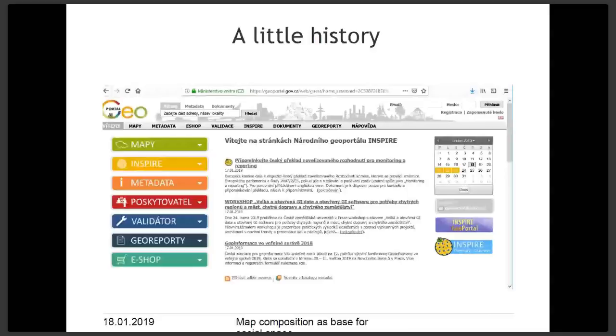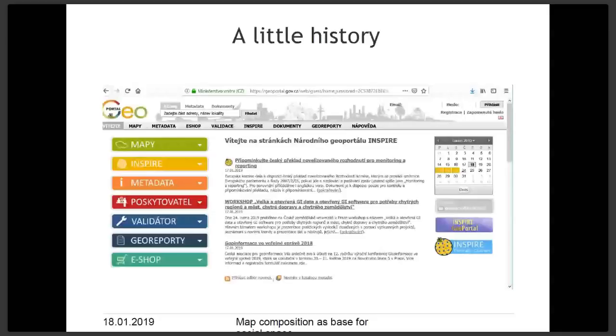Something like 10 years ago, we started to develop the Czech INSPIRE geoportal, and it was recognized that the people who will use this geoportal probably will not all be experts.